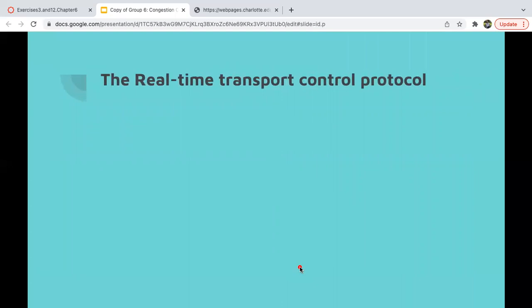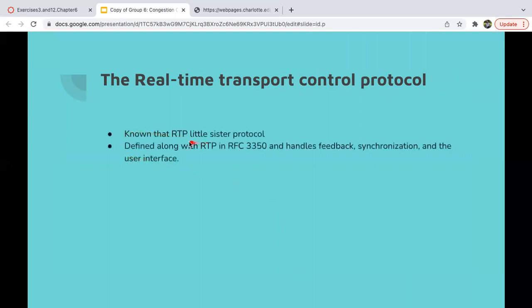So after this, you have the real-time transport control protocol. This is also known as the RTP's little sister protocol. Just like the RTP, it is defined in RFC 3550 and handles feedback, synchronization, and the user interface.